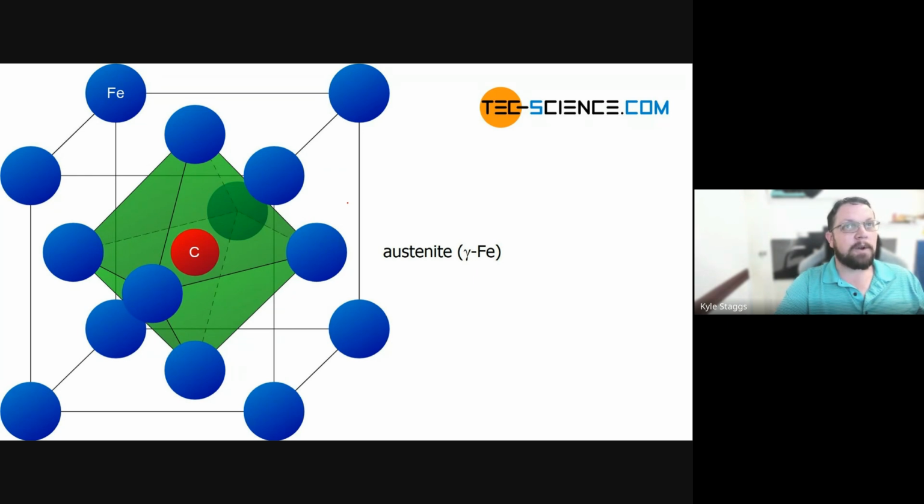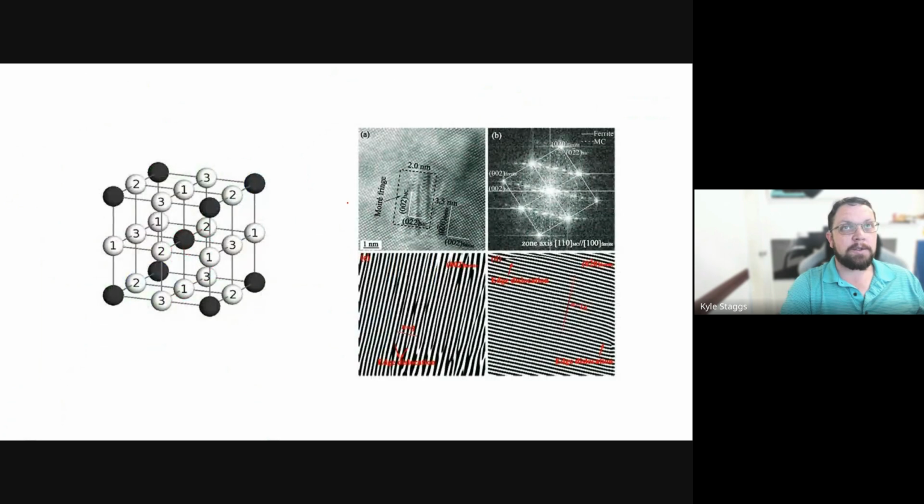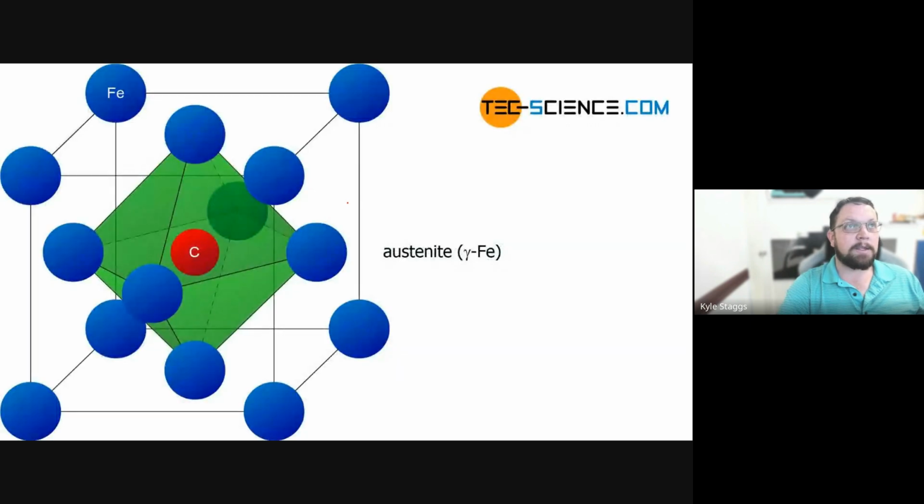This is the very, very strong form of iron when you have enough carbon present that actually allows you to see these stripes. These are these austenitic grains, these gamma grains. This is another image of what that crystalline lattice actually looks like. So it's pretty helpful to be able to see it in another context.